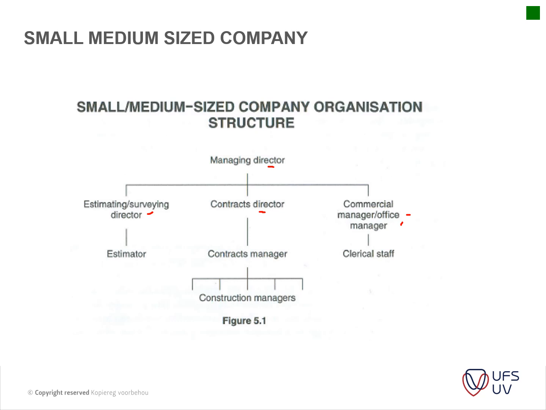And then you have your estimator, surveyor, and an estimator maybe underneath him. So he's usually involved with the BOQ and so on. Whereas your contracts director will have your contract managers, and underneath him they will have the contract managers or construction managers on site. So your estimators usually do the bill section, and your contracts director or your contracts manager usually completes the tenders that will be sent to the managing director for final sign-off.